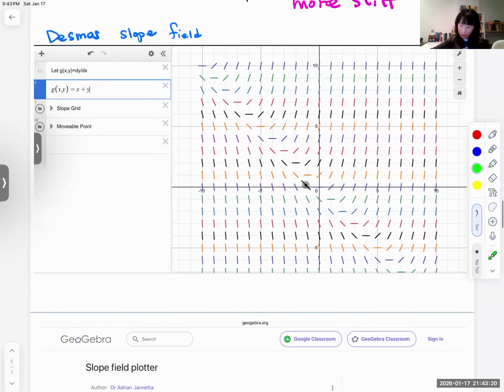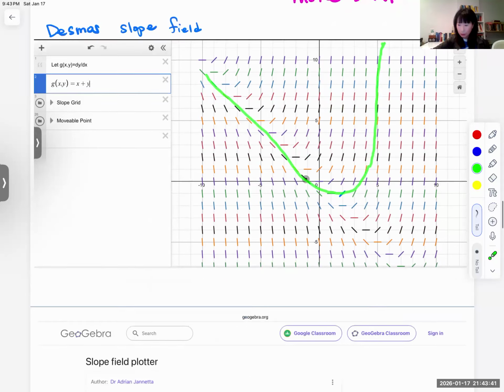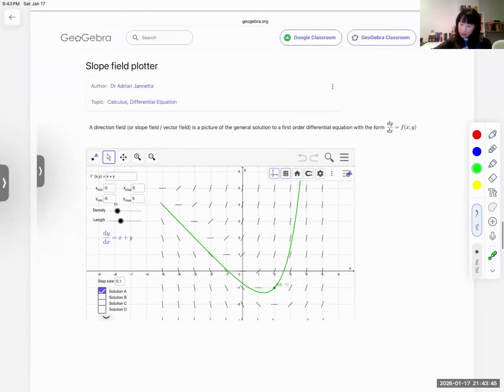If I follow that, this is 2 and negative 1. This is the one. So if I follow that, this graph looks like that. Okay, take a look. Ta-da.